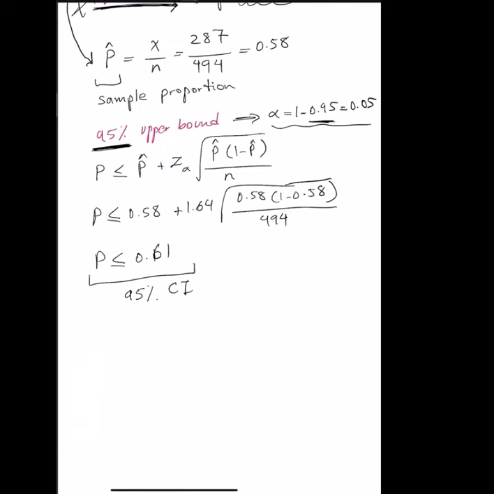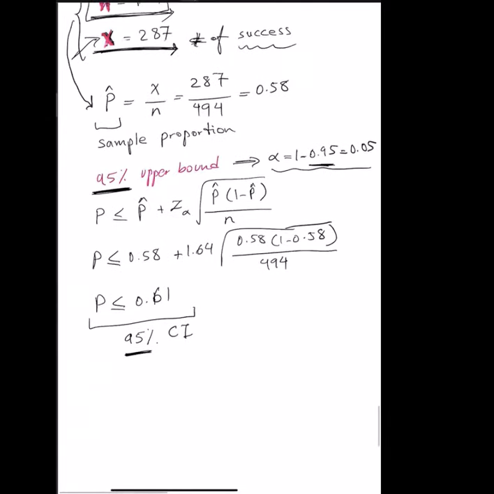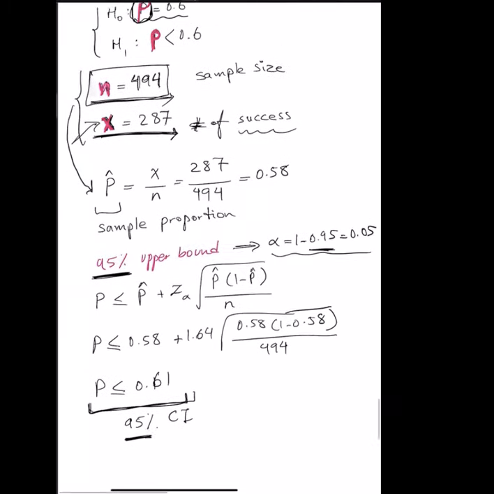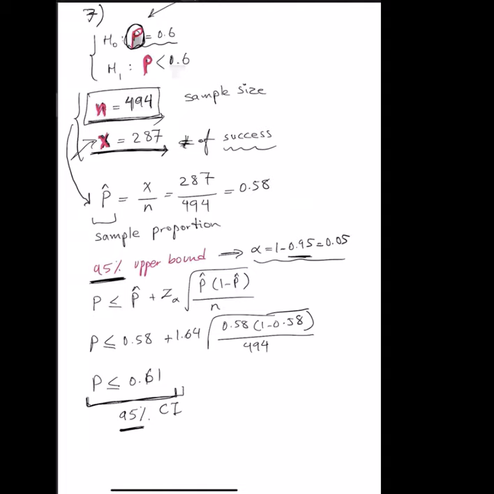Here I found the upper bound confidence interval. Basically, it says I'm 95% confident that the proportion of the population that has the characteristic of interest is less than 0.61. If this is the confidence interval that you have, and this is the hypothesis that you are testing, what is your conclusion?